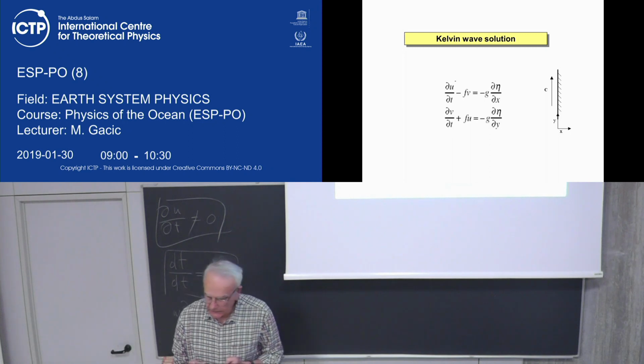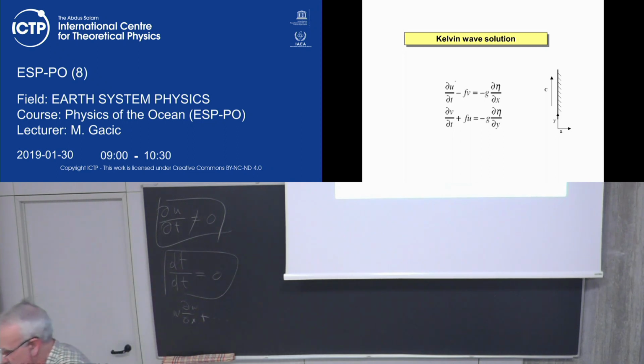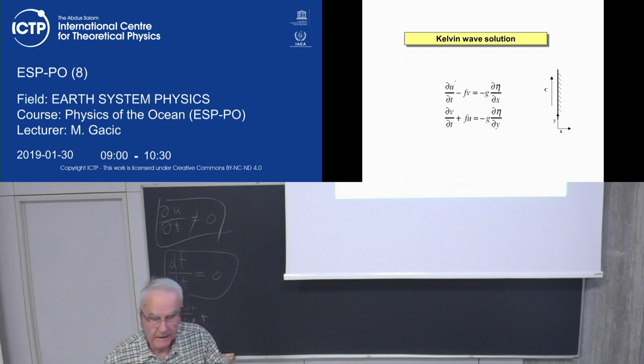Let's first look at the physics of the Kelvin waves. These are inertial gravity waves, and if you have a coast, in the coastal area you have the shelf. The shelf means that you have a slope in the bottom. The bottom is sloped.